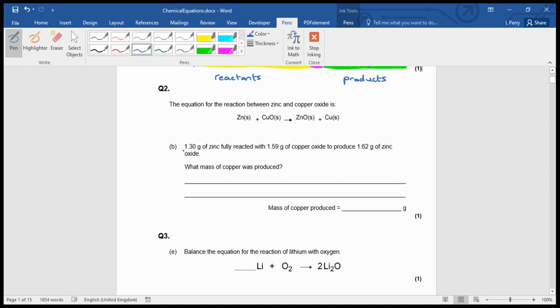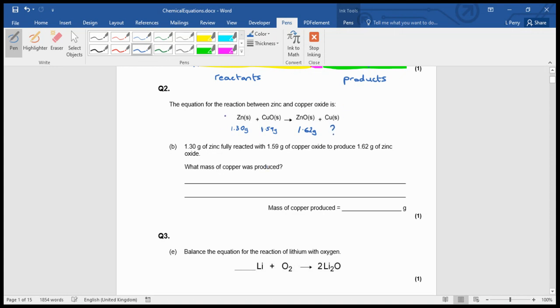It says 1.30 grams of zinc fully reacted with 1.59 grams of copper oxide to produce 1.62 grams of zinc oxide. What mass of copper was produced?